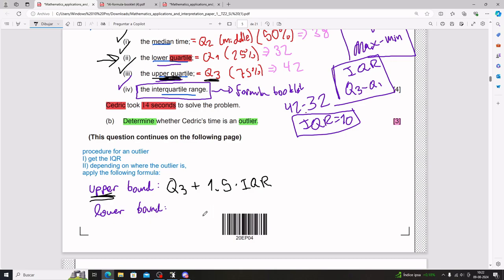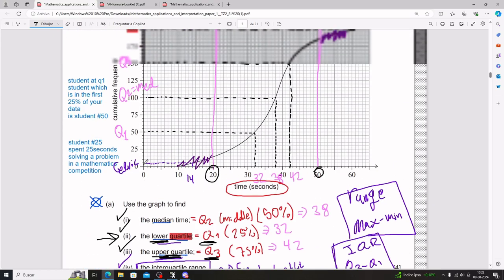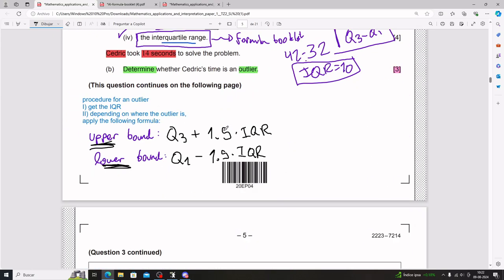While for the lower bound, you will be using the lower quartile, Q1, and because you're talking about below, you'll be doing Q1 minus 1.5 times IQR. So those are the two key formulas for identifying these lower and upper bounds.